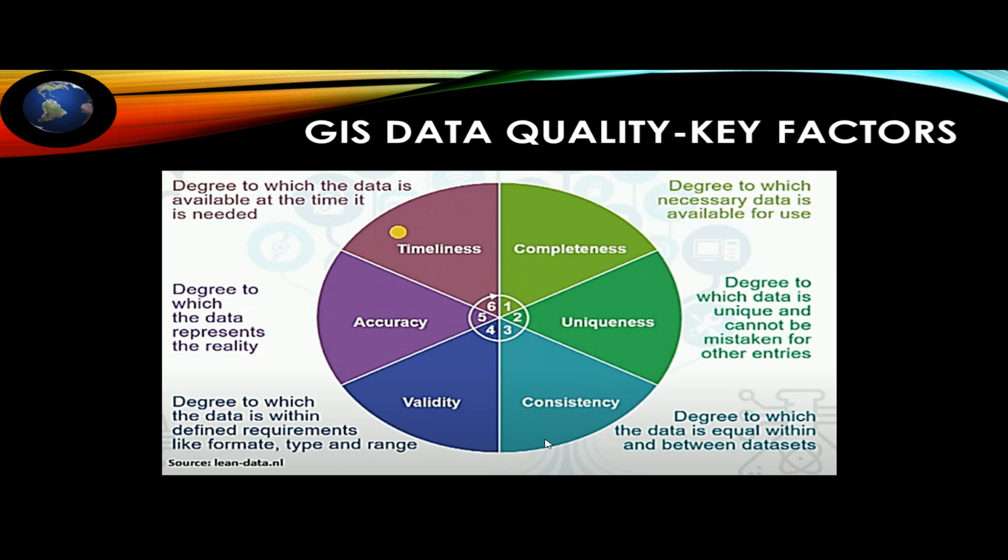The consistency means the degree to which data is equal within and between the data sets. Means, as I told, consistency means equality between a given reference with the time. So the degree to which the data is equal within and between the data sets. Two data sets I have taken at a time. What are the same characteristics? Like I have taken one point on the road, okay, this many vehicles are passing through a road cross section.